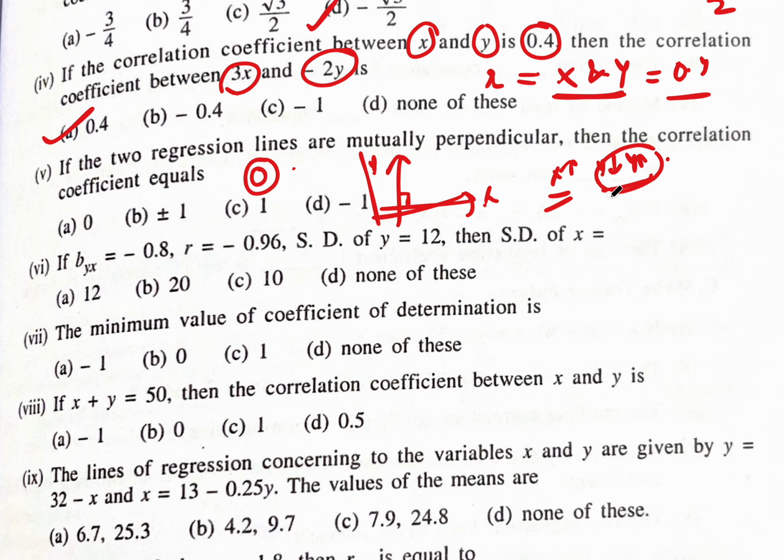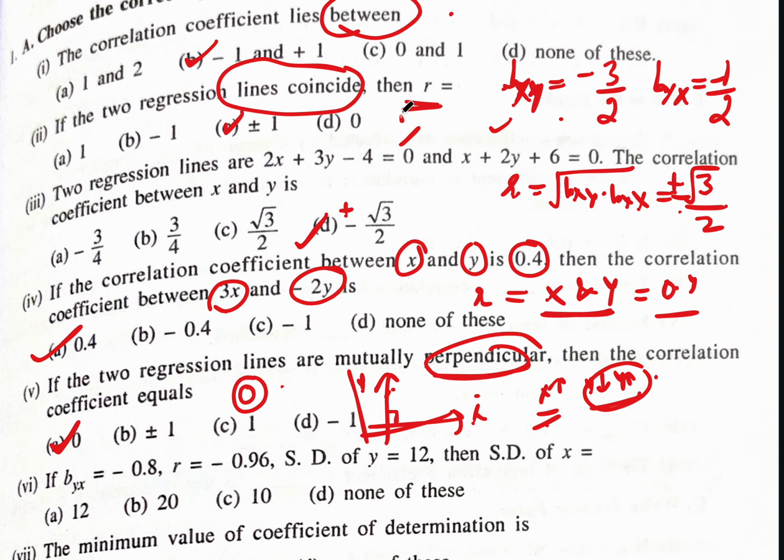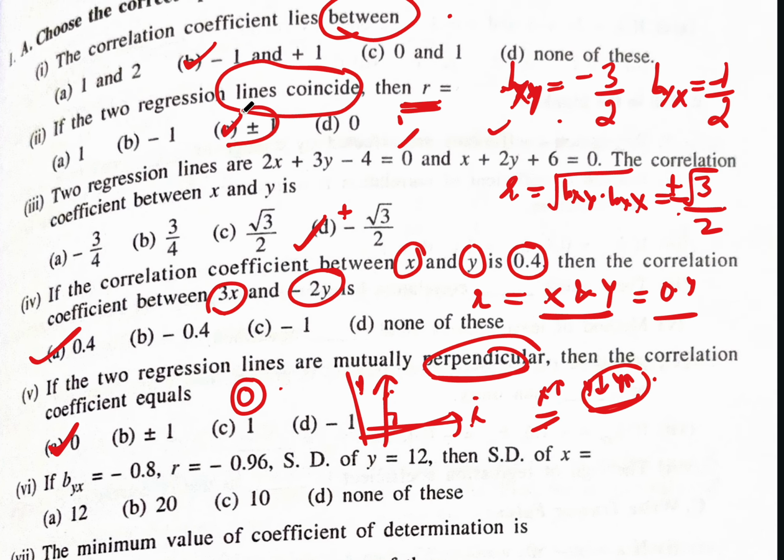It has no relationship whatsoever. Y remains the same and x remains the same, and similarly for opposite situations, so there is no relationship between them. So right now we know two things: when it's perpendicular, correlation coefficient is 0; when they are coinciding, correlation coefficient is plus minus 1.